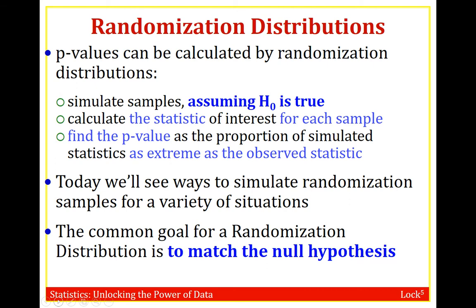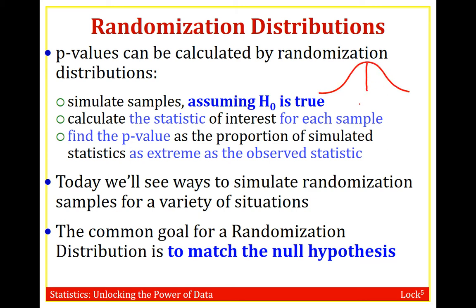It says on a randomized distribution that a p-value can be calculated by randomization distributions. So if we simulate many samples, assuming H0 is true, and we calculate the statistic of interest for each sample, we can find the p-value as the proportion of simulated statistics as extreme as the observed statistic. This is the curve. This is the dots that are happening on the extremity of a distribution.